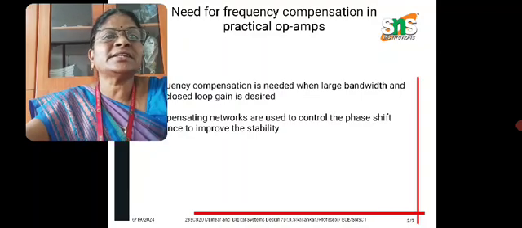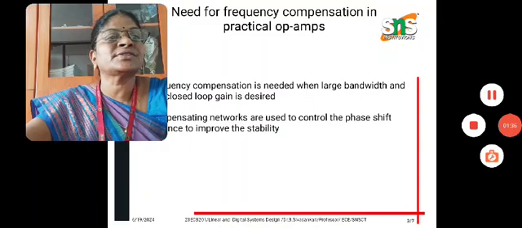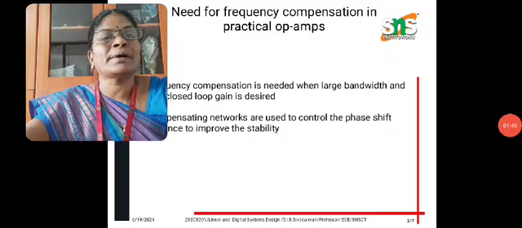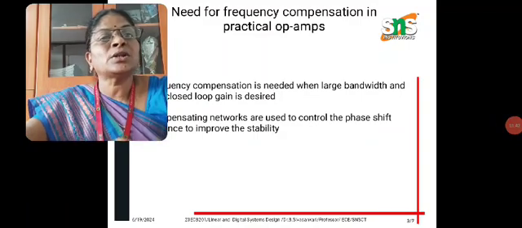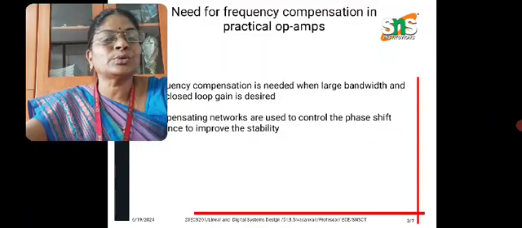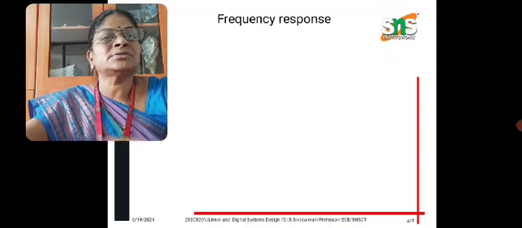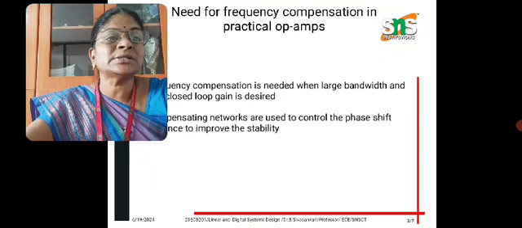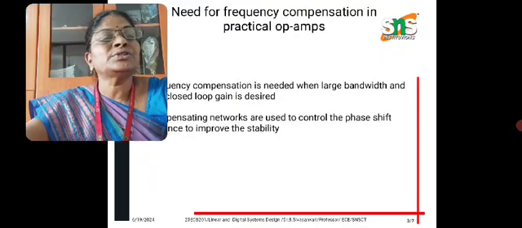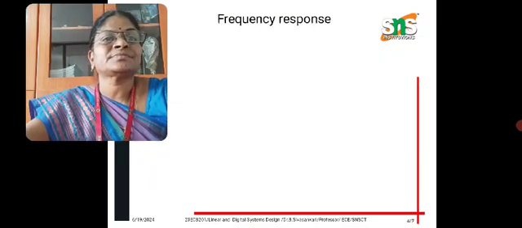So this is the need for frequency compensation in practical op-amps.